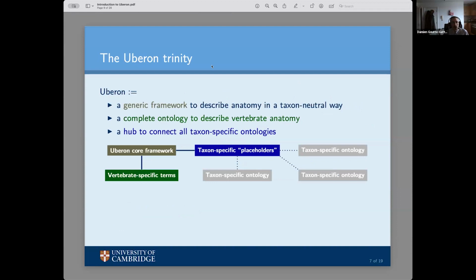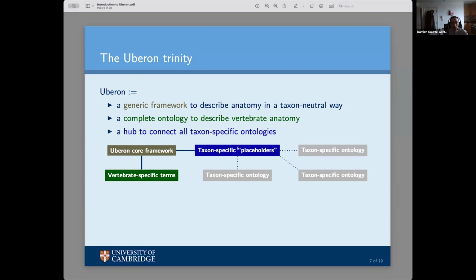Which leads us to one way to describe Uberon. Uberon is a mix of three different things. First, it's a generic framework of high-level terms to describe anatomy in a taxon-neutral way. It's also a complete ontology to describe vertebrate anatomy, or rather an ontology that aims to be complete to describe vertebrate anatomy. Of course, as in any similar project, the work to do that is never fully done, so it's always an ongoing project, but the aim is certainly to completely and accurately describe vertebrate anatomy.